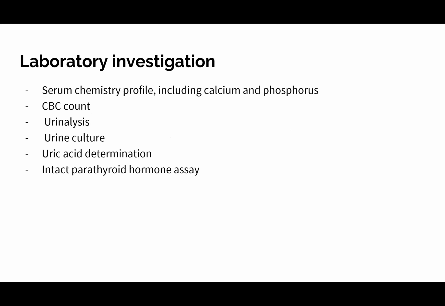Laboratory investigations include serum chemistry profile, including calcium and phosphorus, complete blood count, urine analysis, urine culture, uric acid determination, intact parathyroid hormone assay. Why, Mr. Chaitanya? Why do you want to do an IPTH, intact parathyroid hormone? Did you hear of renal osteodystrophy?